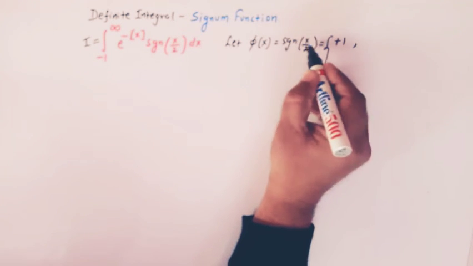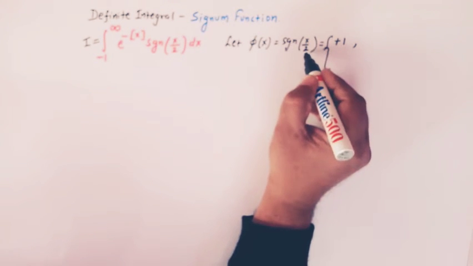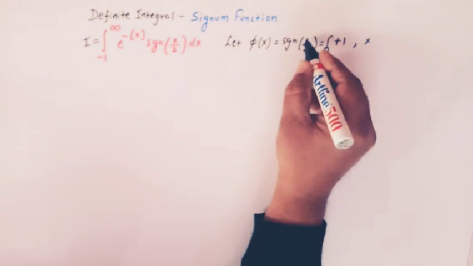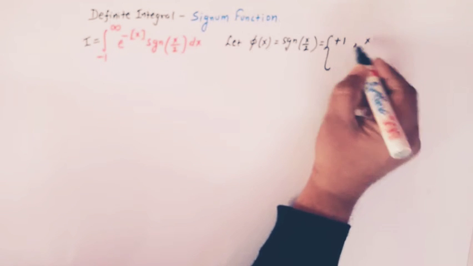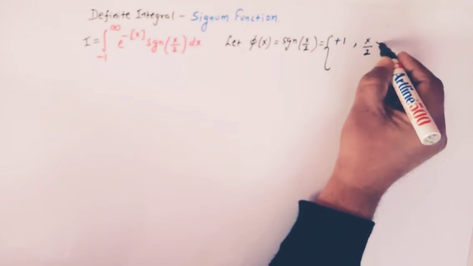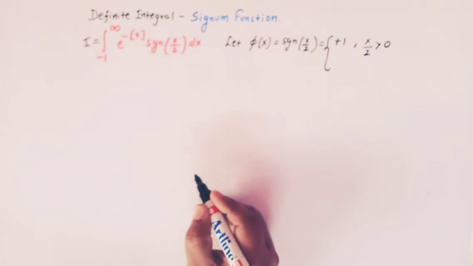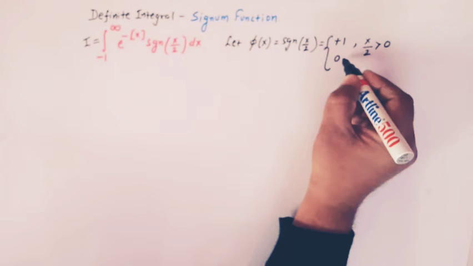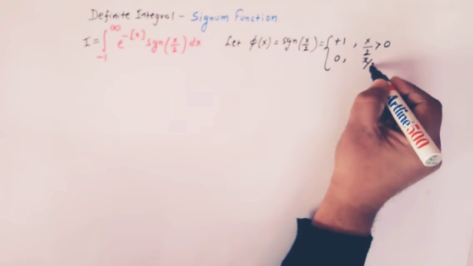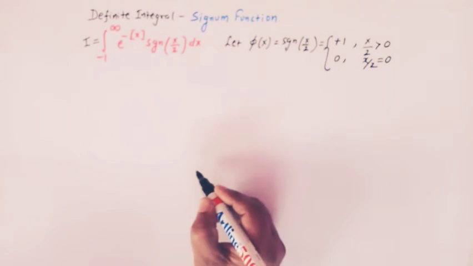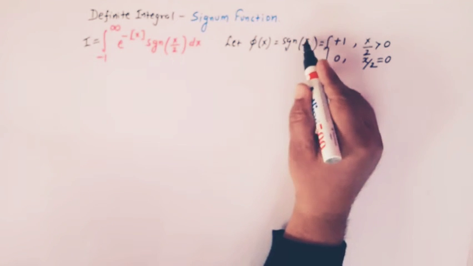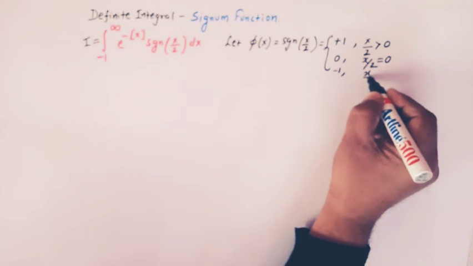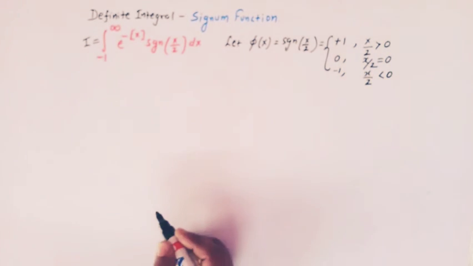Here we have x over 2 in place of x, so signum of x over 2 is equal to plus 1 whenever x over 2 is greater than 0, equal to 0 whenever x over 2 is equal to 0, and equal to minus 1 whenever x over 2 is less than 0.